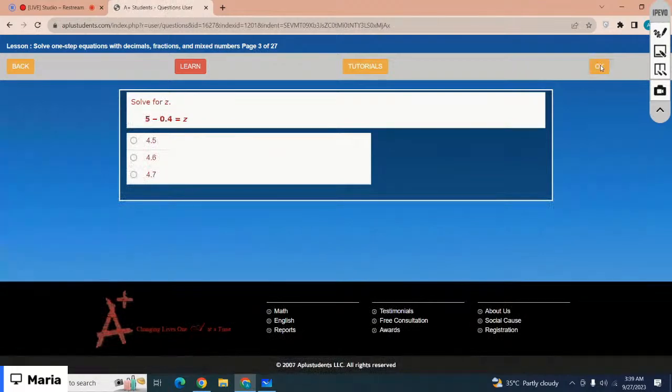Okay, 5 minus 0.4 is, which is the correct option?